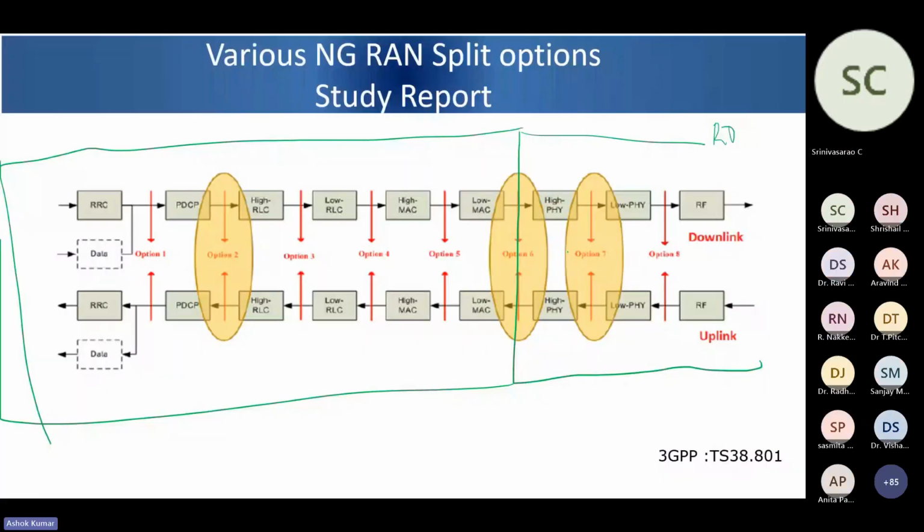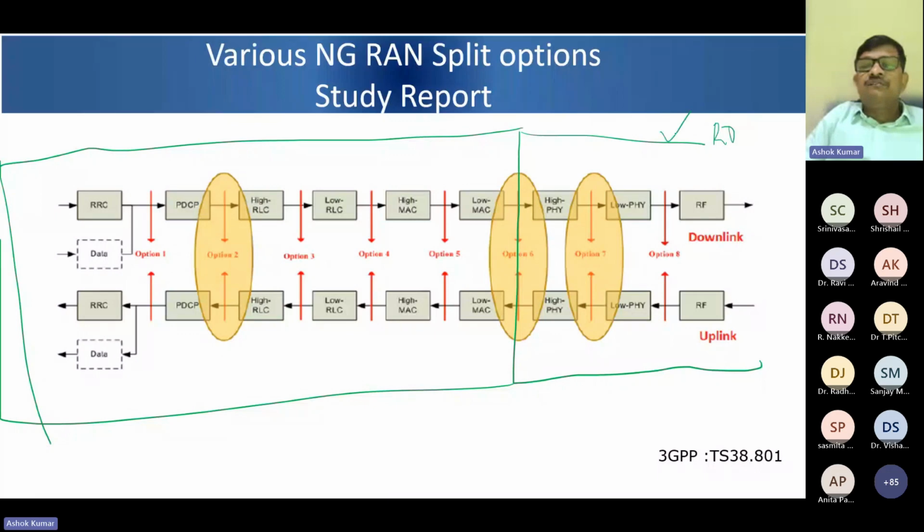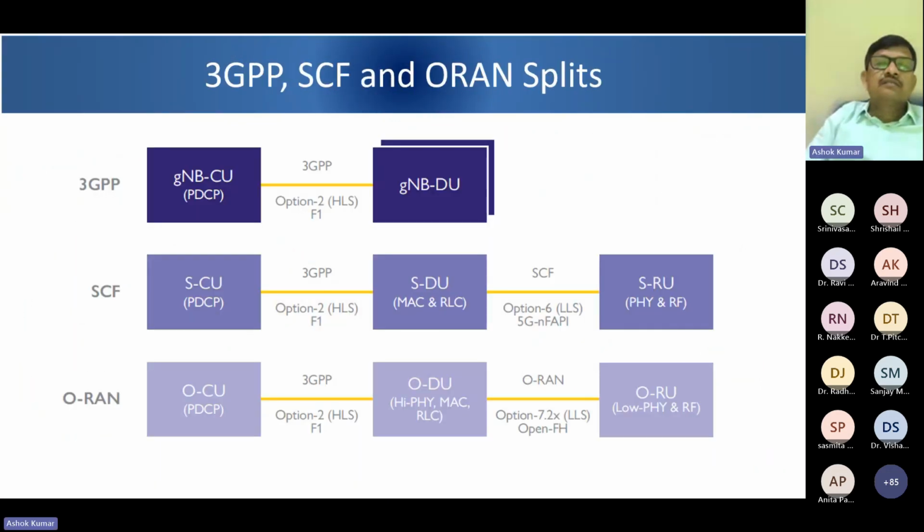So basically at the BTS location, they are talking about having the complete physical layer. We have seen 3GPP, we have seen ORAN. The Small Cell Forum is nothing but split 6, that means the entire physical layer along with the radio.